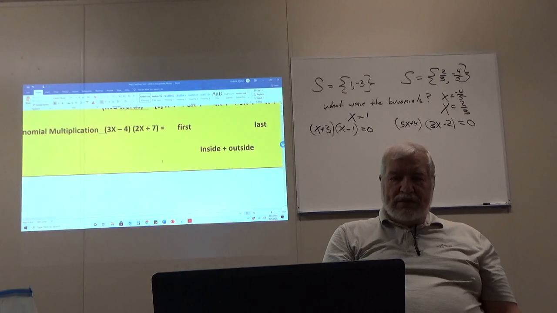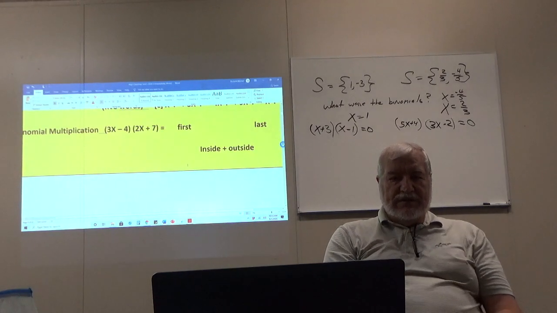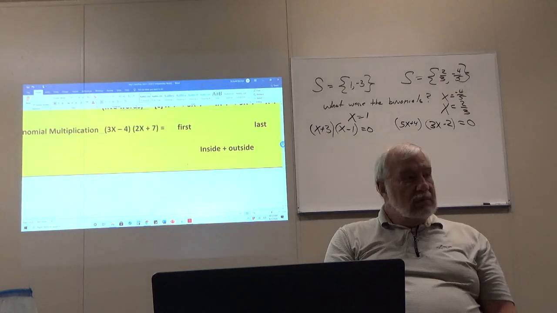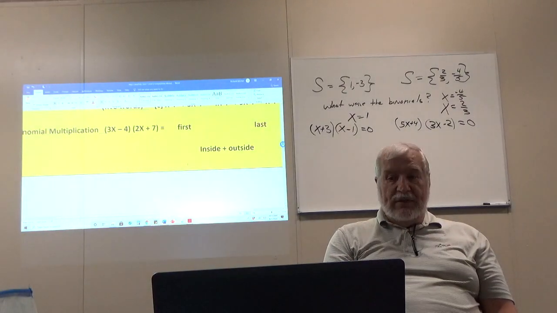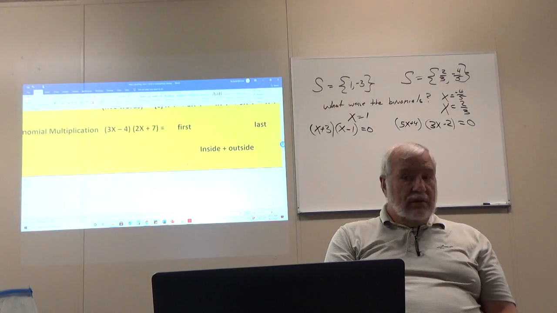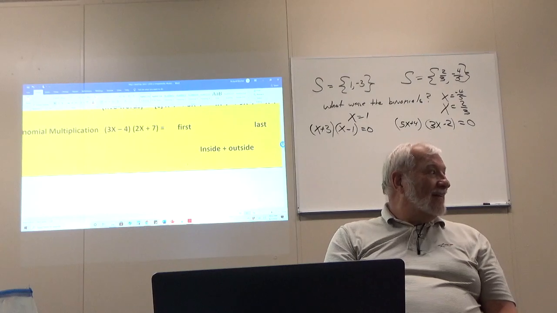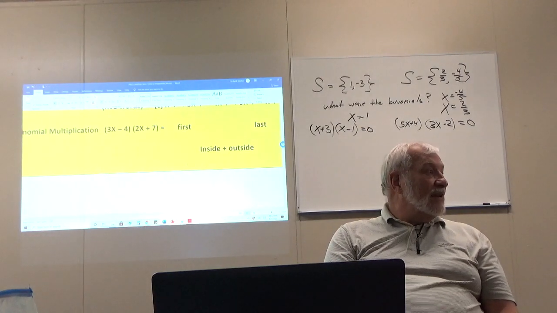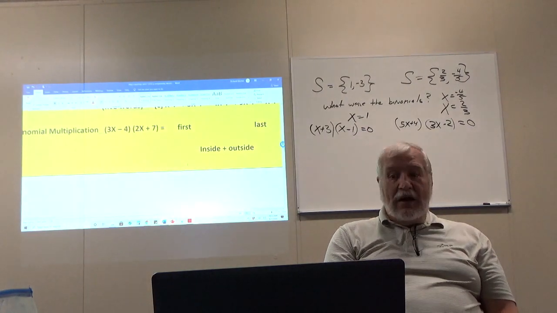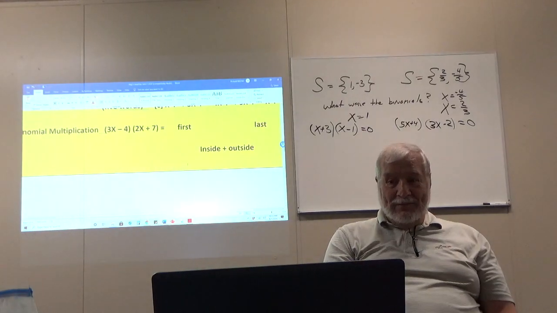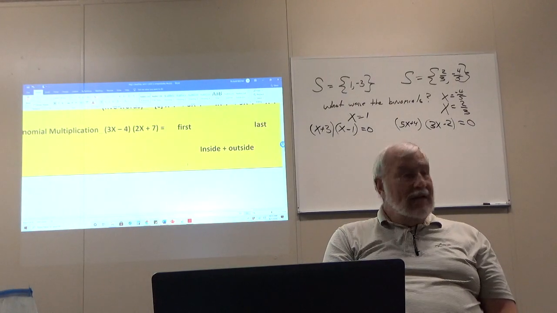Okay, and then, what's the first term when you multiply these out? Multiply those out. What's the first term going to be? 6x squared. All right, what's the last term going to be? Negative 28.